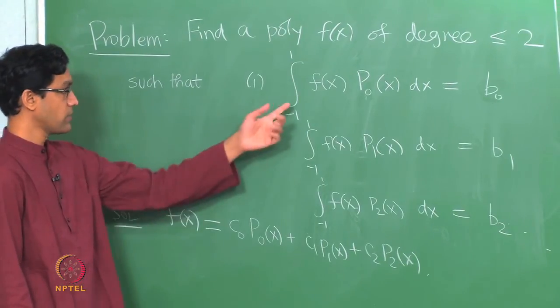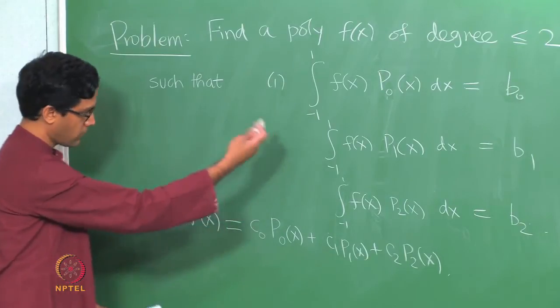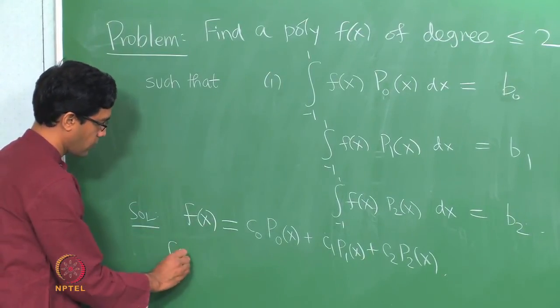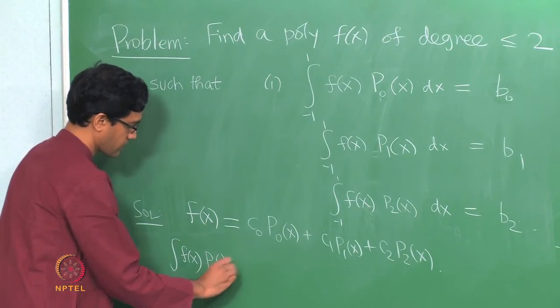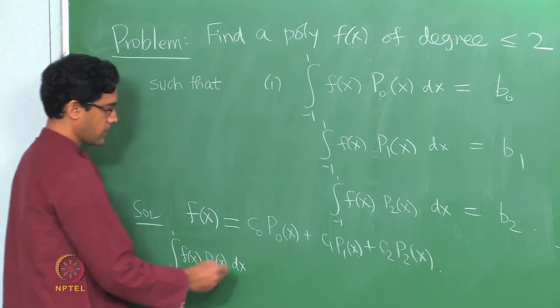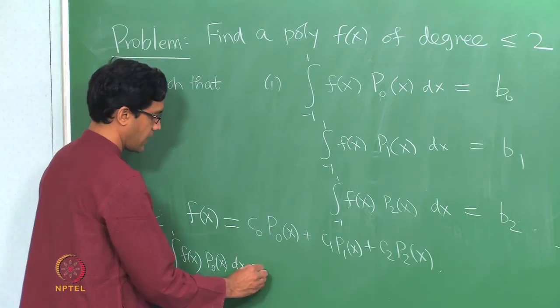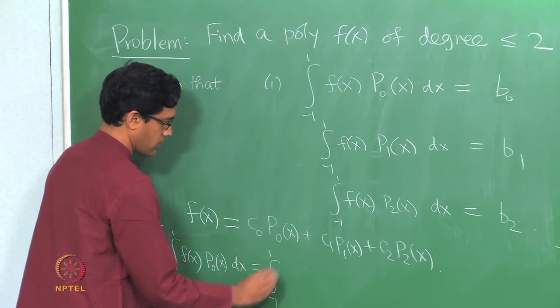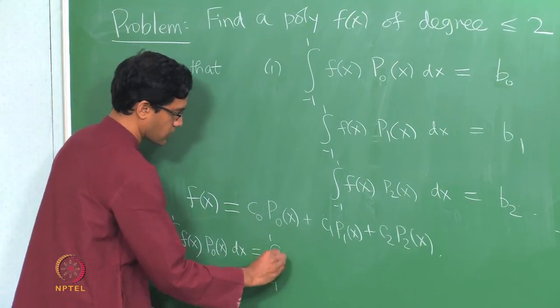Now what is given here is the integral of f of x multiplied by some one of the pi. So observe, if I compute the integral of f of x with, let us say, p0 of x between the limits -1 and 1, then that is just the same as doing the integral on this side. So this is like saying I need to compute c0. So observe, the integrals have the following property, you can pull constants out.